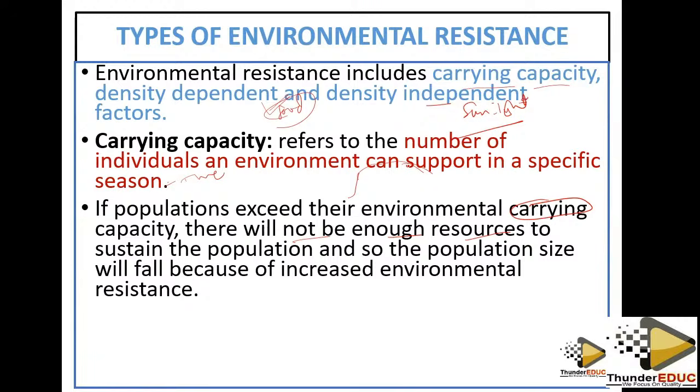The number of individuals will be stopped from reproducing. Let me just give you an example. In South Africa here, you'll find out that they don't care how many individuals you give birth to.